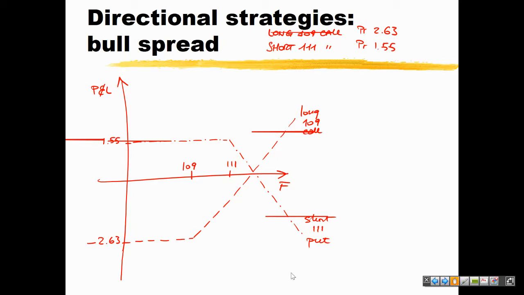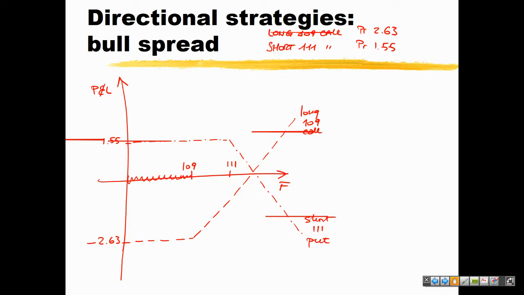Now, if we want to combine the two and see what is happening overall, first of all, let us see what happens in this range of prices, so below 109. Below 109, neither of the two options is exercised, okay? What happens? Do I lose money or make money? What happens is that I lose money. Why? Because the option that I buy is more expensive than the option that I sell.